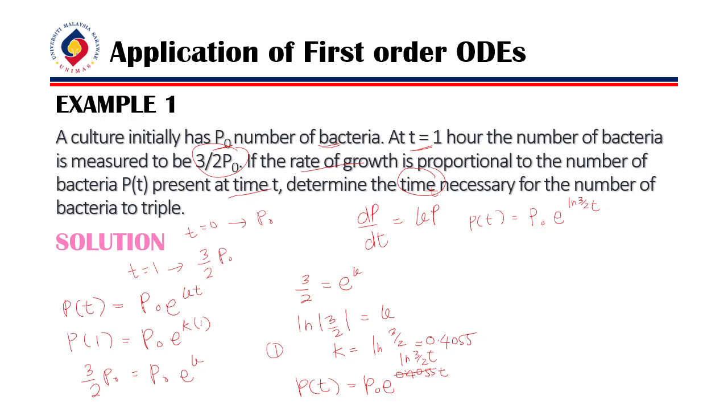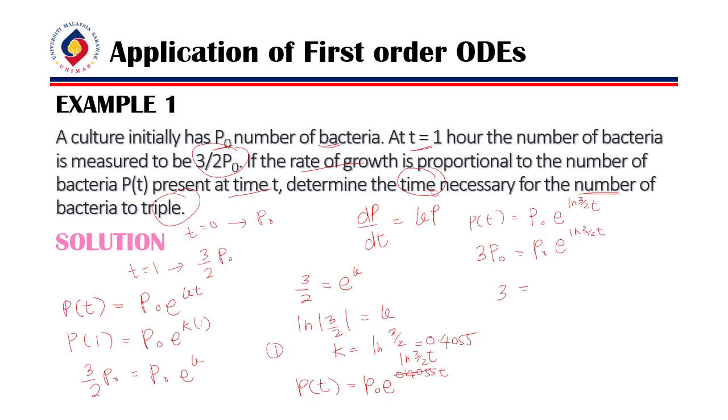And then we want the number of bacteria to triple. So that means P of t here is 3 times P naught. P naught is the initial value of the number of bacteria. So we want it to be triple. We just plug in 3 there, and then cancel out P naught here.